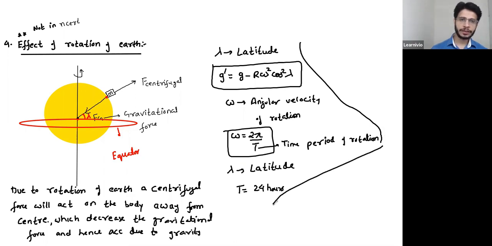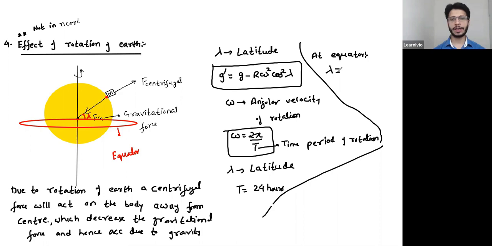Now, we can check the effect of rotation of Earth at two extreme points, one at the equator and another at the pole. So if I want to check the value of this variation in acceleration due to gravity at the equator, can you guess the value of lambda at equator?